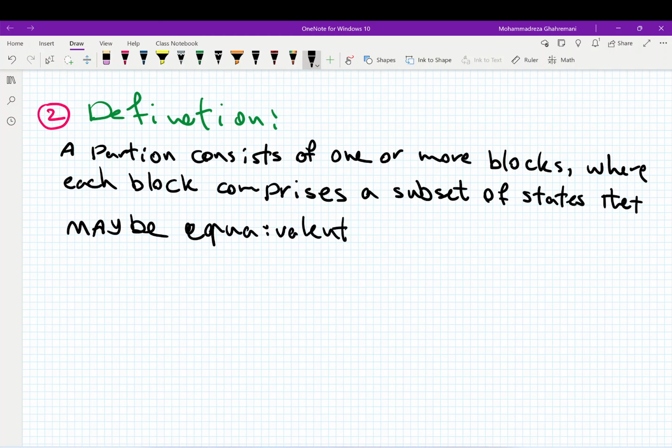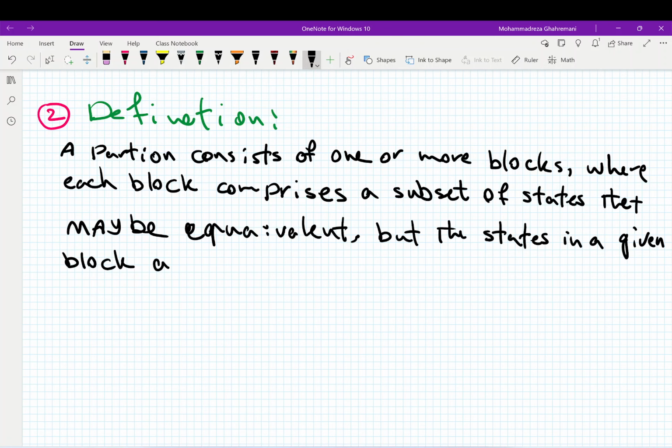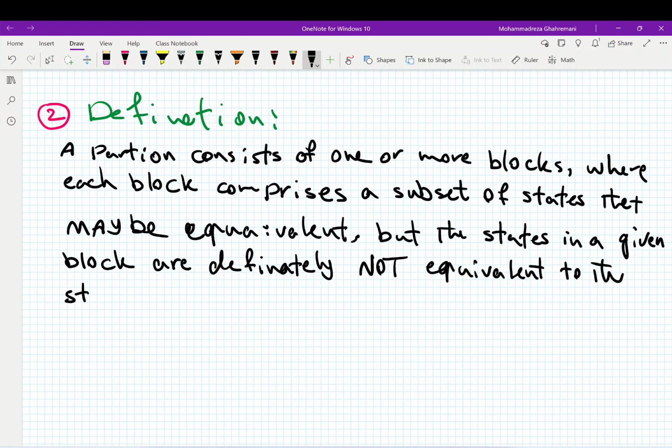So the states in a block may be equivalent, but the states in a given block are definitely not equivalent to the states in other blocks.